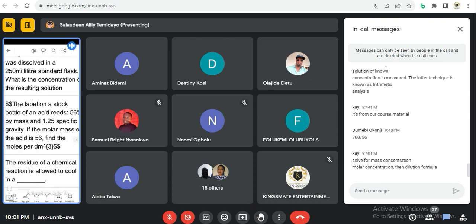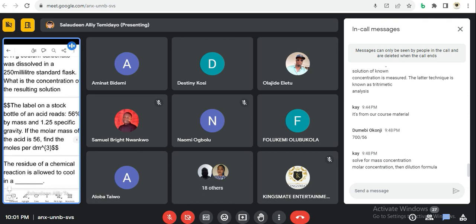The next thing is: the label on a stock bottle of an acid reads 56% by mass. This is the question we did the other time, the same question.